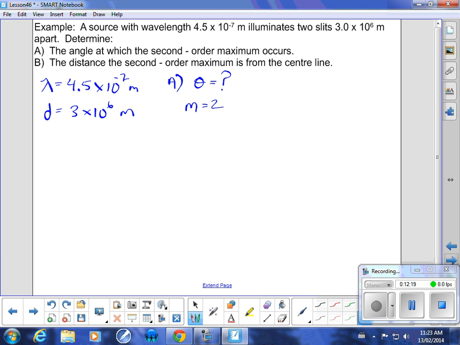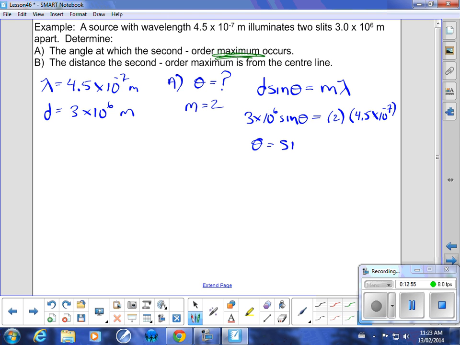So here we are again, playing with information. We have to use a formula that uses sine theta because we need theta, and we know lambda and d. So you do a quick scan of your formulas, and you find that d sine theta equals M lambda. I'm using the constructive interference because we're looking at a maximum. Now I substitute in my information. So we have 3 times 10 to the 6th sine theta equals, our M is 2, lambda is 4.5 times 10 to the negative 7th.